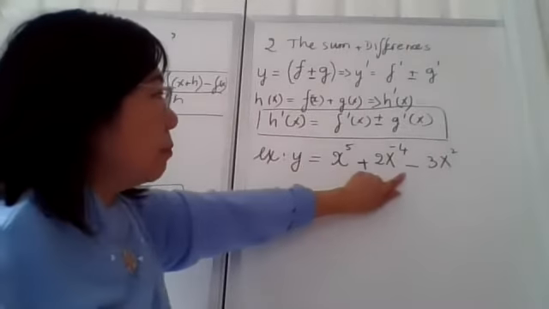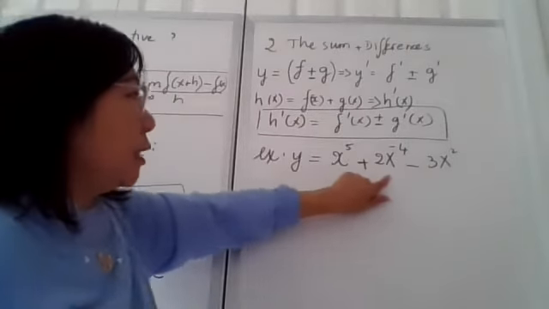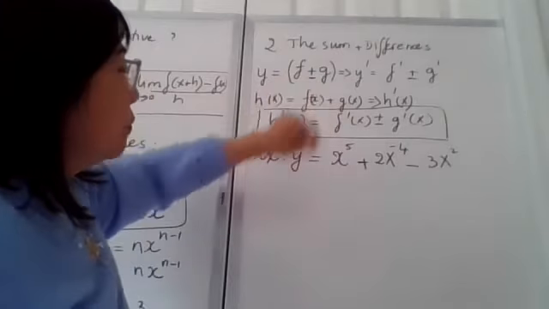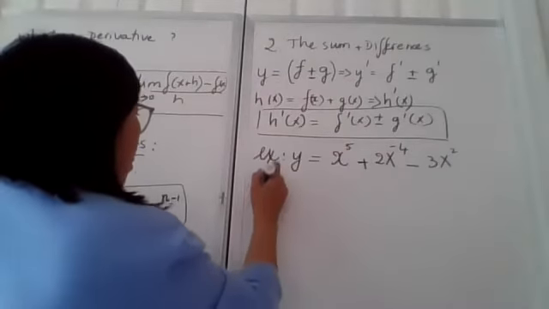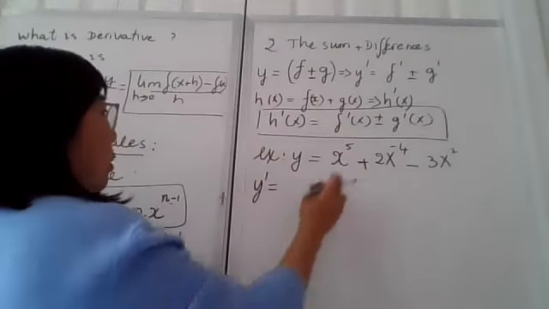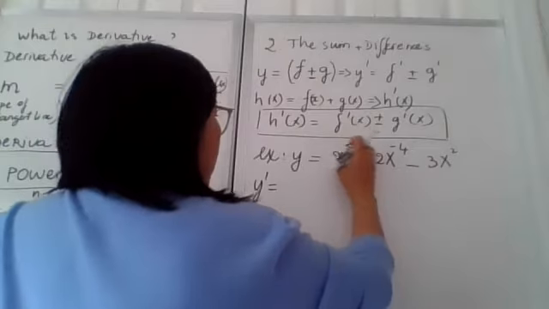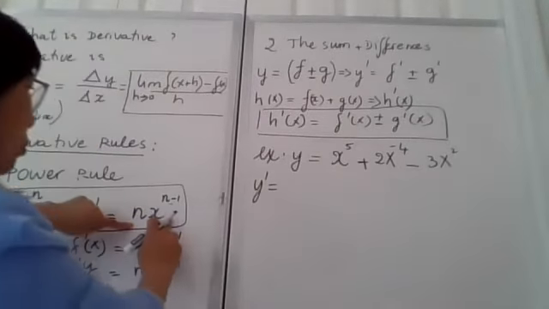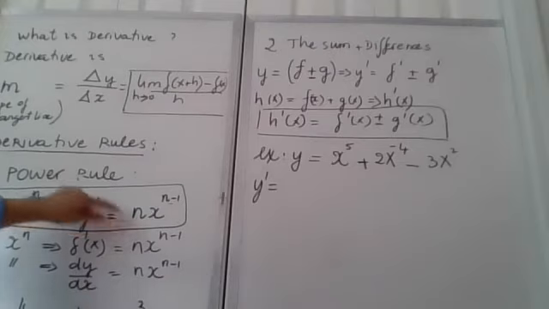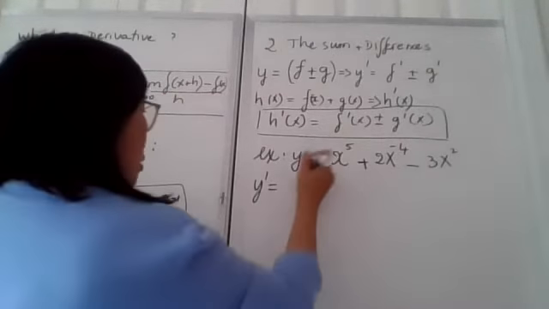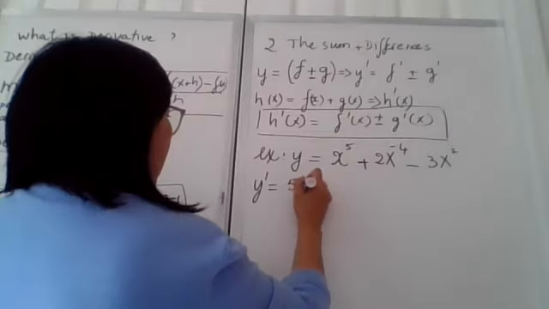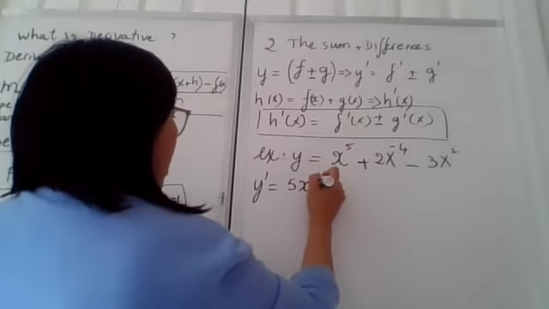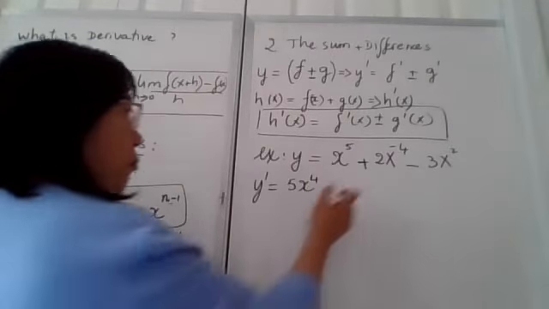You can see this is a bunch of individual terms adding and subtracting together. So we just follow that. And so our y prime will be equal to the derivative of each individual term using the power rule again, right? So this example is a combination of the power rule and the sum and differences rule, okay? So I'm going to bring down the 5 in front of the x, reducing the exponent by one, x to the power 4.